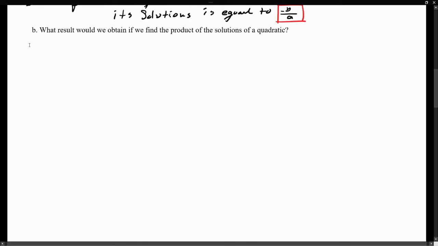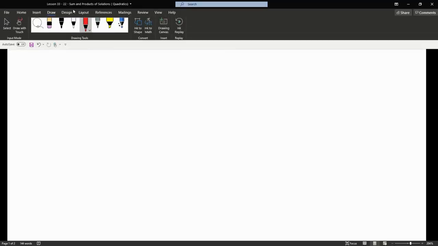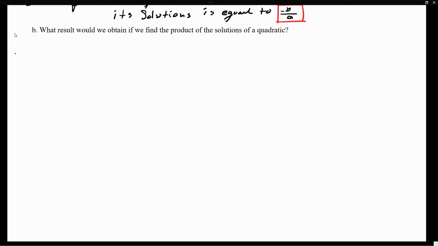So what would happen if we wanted to find the product now? Well, we're going to use the same technique. I don't know what my solutions are, but I know from the quadratic formula that one of my solutions is going to look like this, using the plus of the quadratic formula, and my second solution is going to come from the minus.